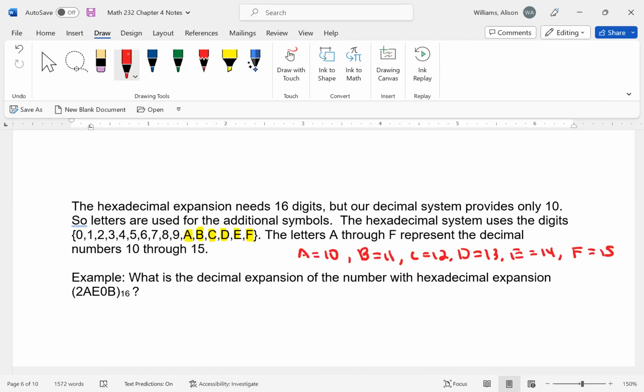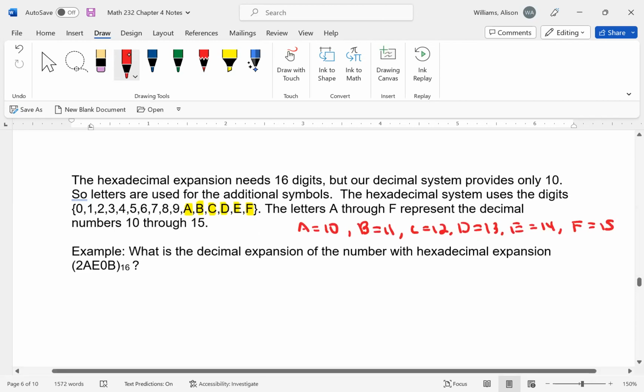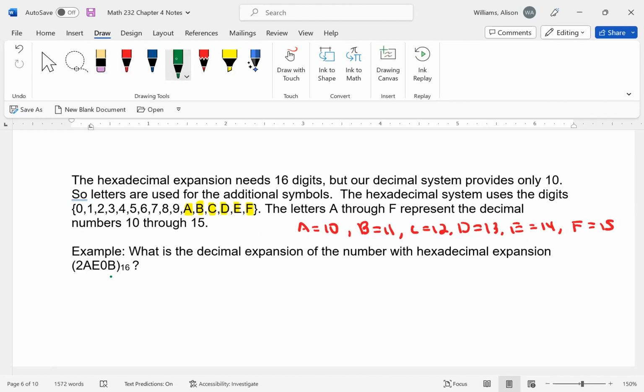Okay, so let's see that in action. So we have this one that actually has some letters in there. It's base 16. So let's figure out what it is in decimal form, or base 10. So that's 0, 1, 2, 3, 4.